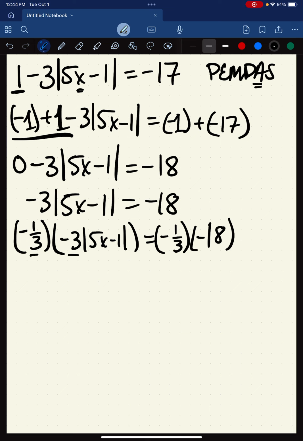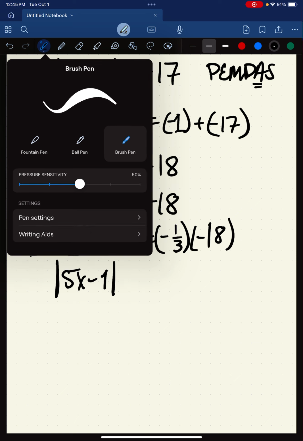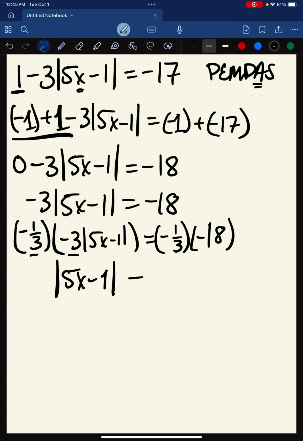That resolves to the identity, which is 1, times the absolute value of 5x minus 1. And just because we're familiar with this being 1 out front already, I'm just going to go ahead and get rid of it, since it's kind of understood to be there. And then negative 1/3 times negative 18. Well, negative times a negative is a positive, so you know it's going to be a positive number. And 18 divided by 3 is 6.